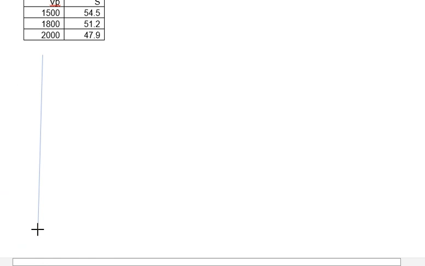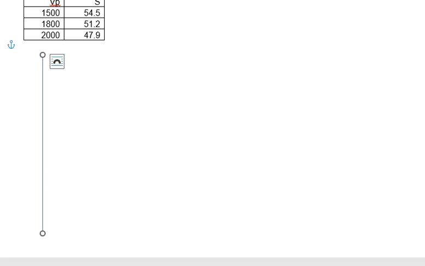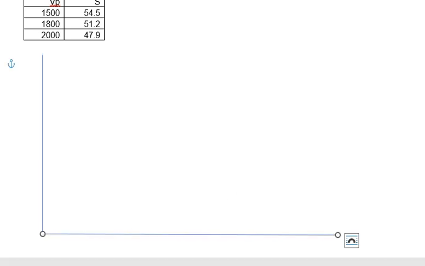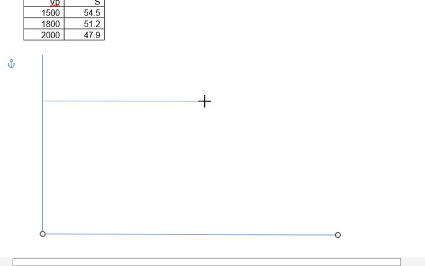If I plot the curve, it will not look different actually. The shape of the curve is same. So if I draw it again, this is the y-axis, the speed, and then I have the x-axis, the VP. I will start with the free flow speed. This line indicates the free flow speed, which is 55.2, we already calculated.